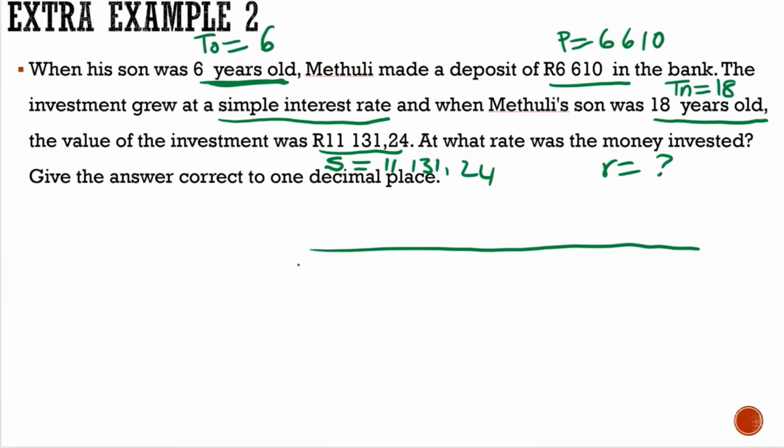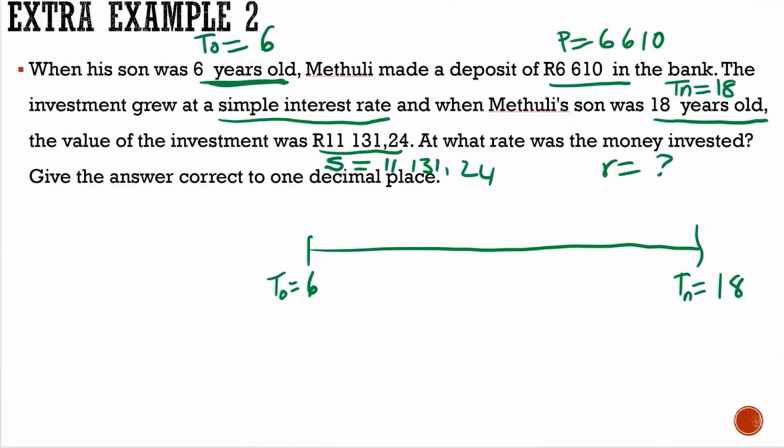Timelines, I like them because they help you to see what is happening. So now at your T0, this is your T0, which is equal to 6. Okay, and then your TN there is equal to 18.